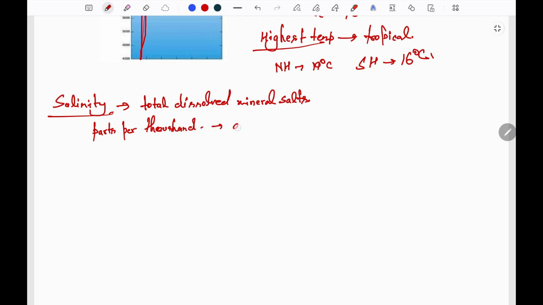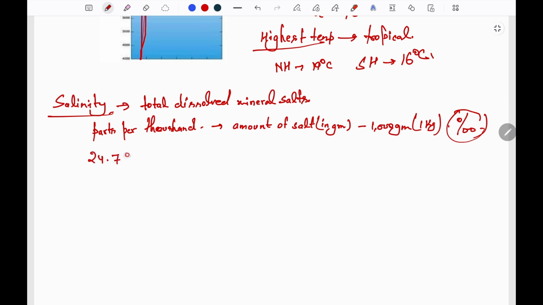That is amount of salt in grams dissolved in 1000 gram of ocean water, that is 1 kg. It's represented by this symbol. And 24.7 parts per thousand is the limit. After this, if the salinity is more than this, then the water will be classified as brackish water.